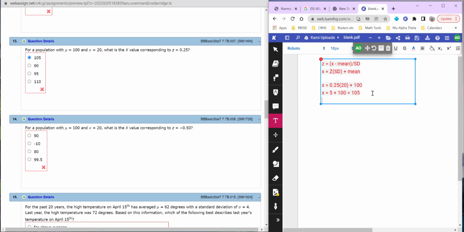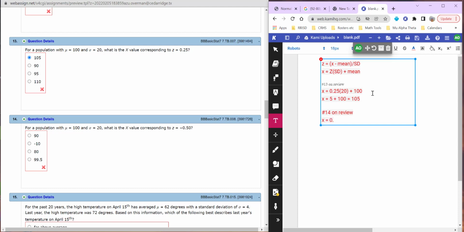Okay, so this is part 2, number 14 on the review. And this one was number 13 on the review. So in this case, x equals, it's still the same, oh, different z-score. Negative 0.5 times 20 plus 100.